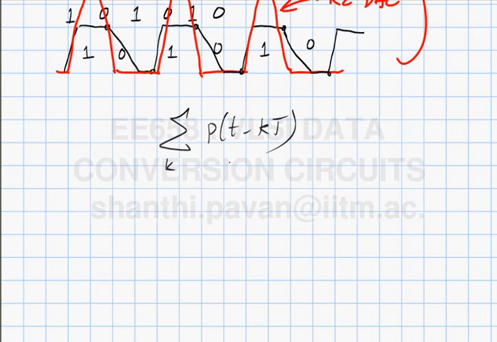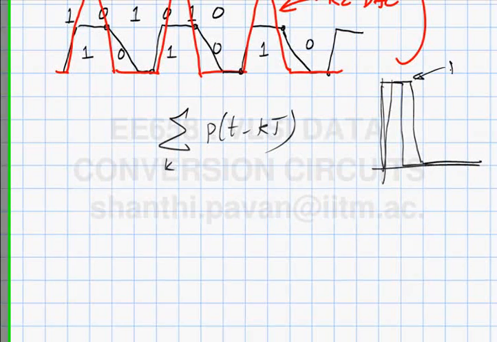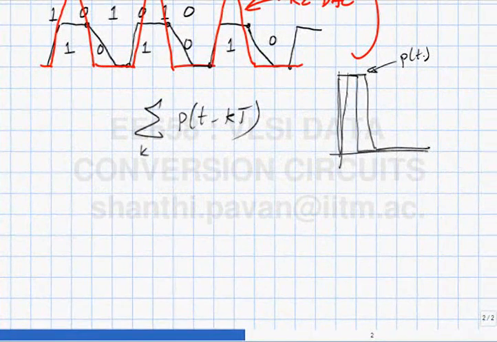It's just that with finite rise and fall time, the pulse shape which should have been like this will actually become something like this. But you can still see that the output sequence can be written like this, with B_k being the value of the digital code, times p of (t minus kT).